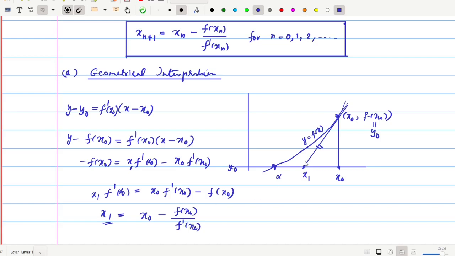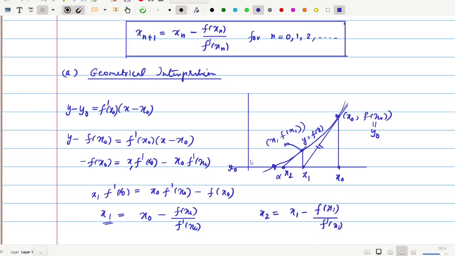Similarly, you consider x1 here, and you get the point x1 comma f of x1. Then using the same argument, by considering the tangent here, you get the next point x2. So x2 is equal to x1 minus f of x1 divided by f dash of x1.